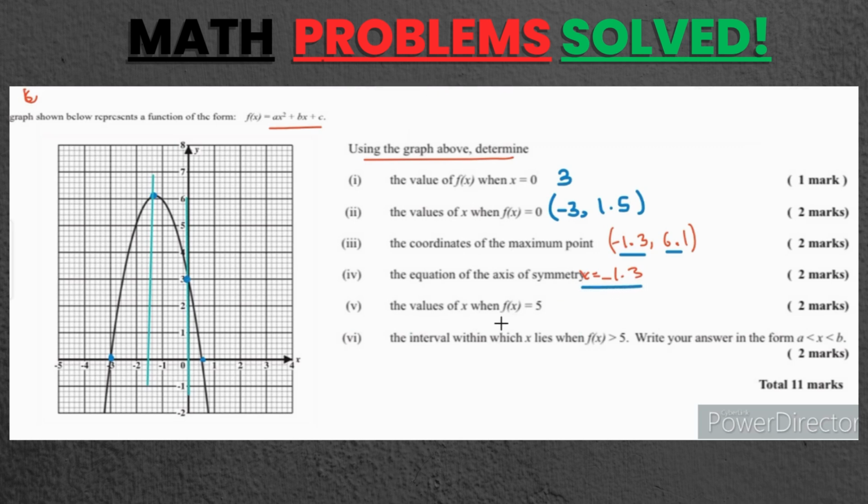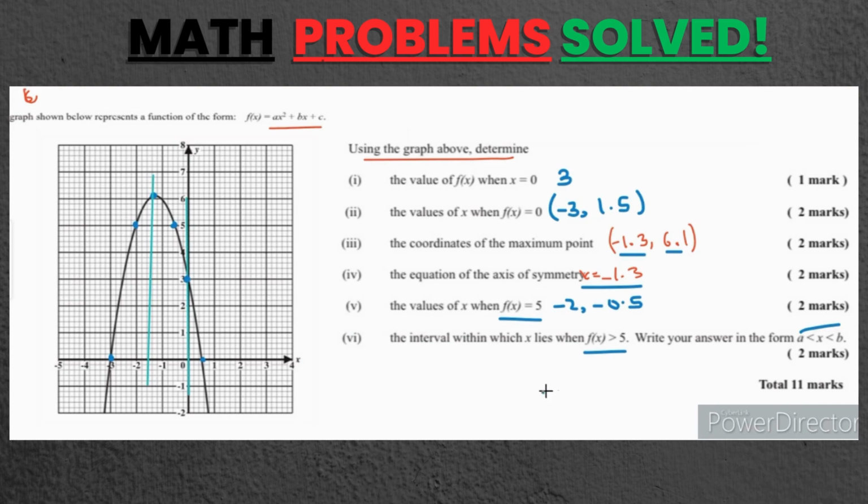The values of x when f(x) equals 5. So when f(x) equals 5, these are the two values of x, right? It's negative 2 and negative 0.5. And then the interval within which x lies when f(x) is greater than 5, write the answer in this form.